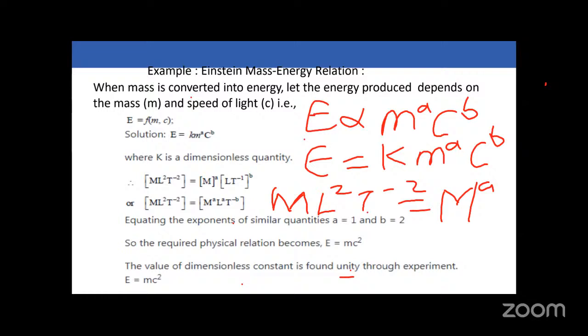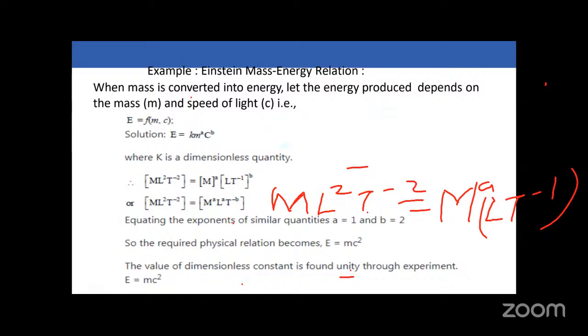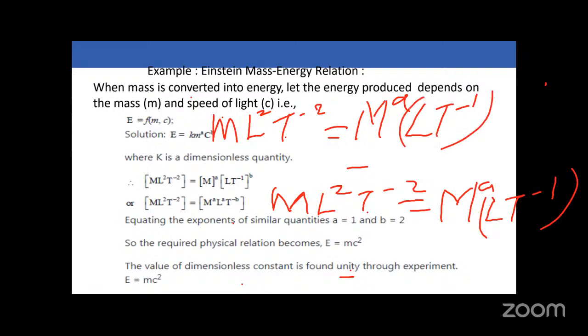So the unit of speed is length per time, all raised to B. So let's write our expression: ML^2T^-2 is equal to M^A (LT^-1)^B.